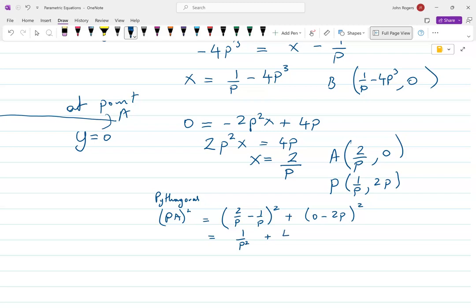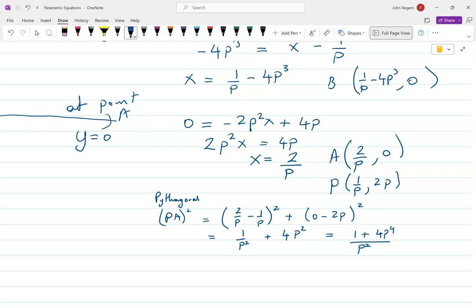And this will come to 4p squared. I will write this over a common denominator, so that's 1 plus 4p to the 4 over p squared. Okay, still not looking too promising, but we're not that far off. We've got an expression for PA squared, and obviously PA will be the square root of that.